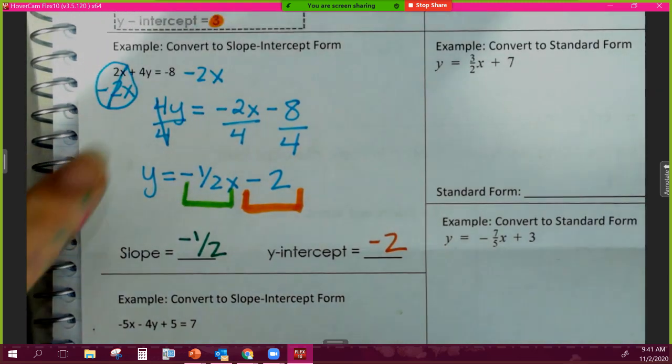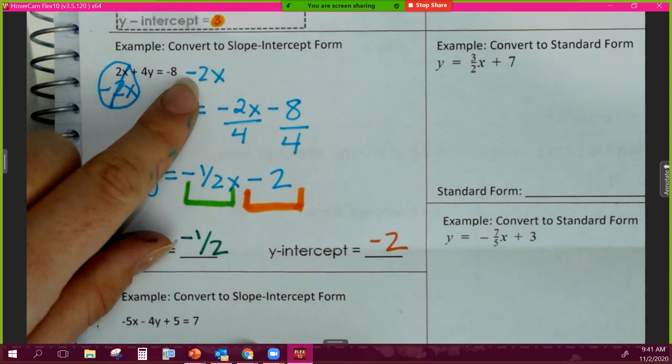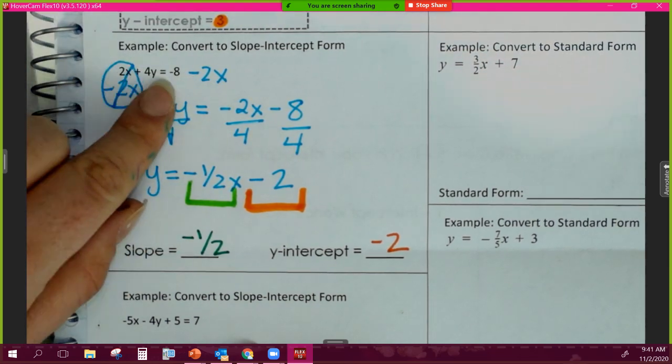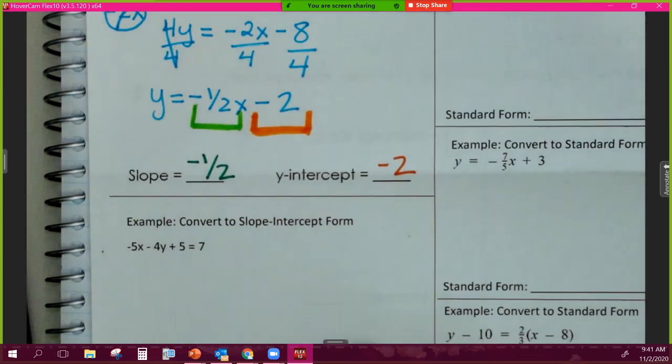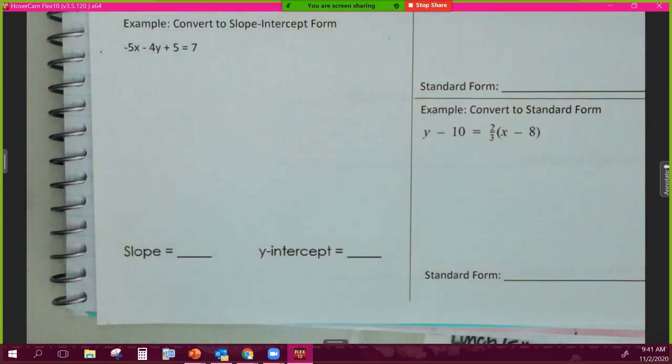And notice, that's not 2 and that's not -8, okay? So standard form does not show you what your slope and y-intercept are. Okay, let's look at the next one.